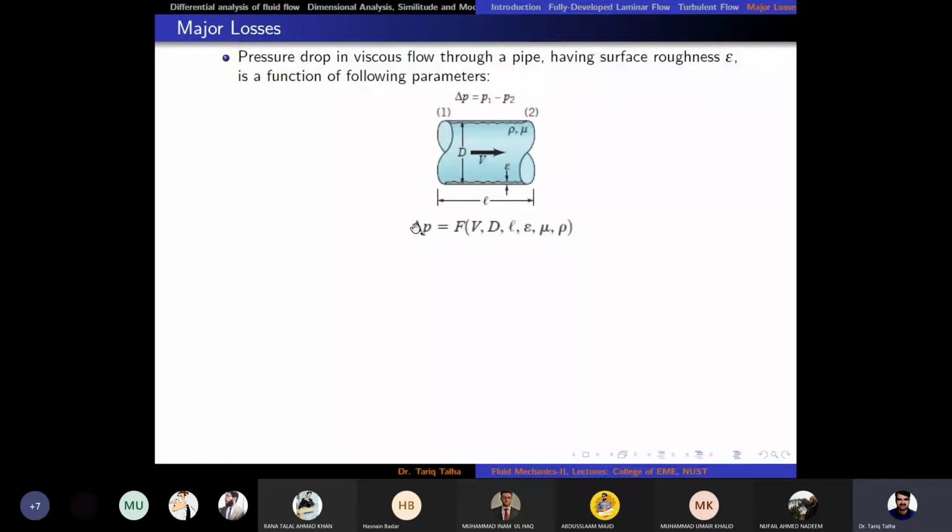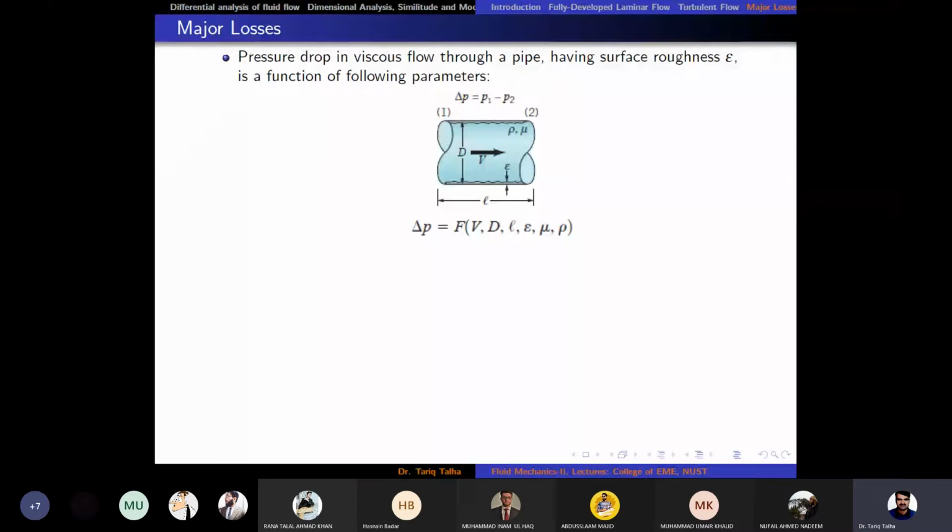In this flow, the critical parameter we want to determine is the pressure drop, and that is a function of velocity, diameter, length, and surface roughness, epsilon, and then two fluid properties, viscosity and density.